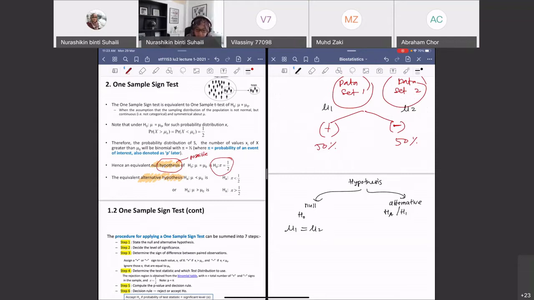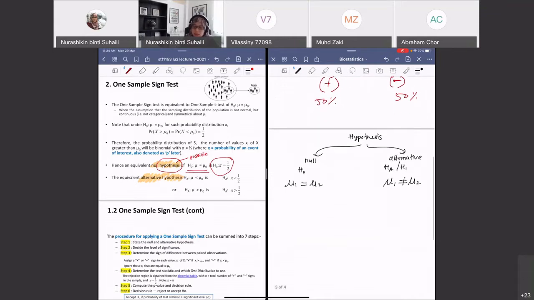And that is what is meant here. But if you go for alternative, you say that there is a difference, means that you can say in general, mu1 is not equal to mu2 because there is a difference.